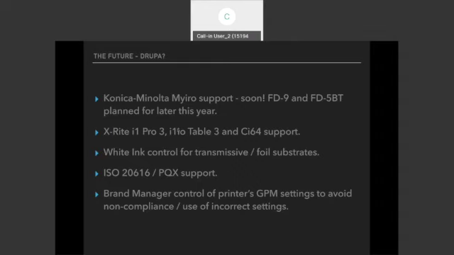So from a brand management or process control standardization process for large printing groups, using the Global Print Management subscription license, at the moment they can synchronize settings down to the local printing factories, but there's no requirement for those printing factories to actually use those settings.